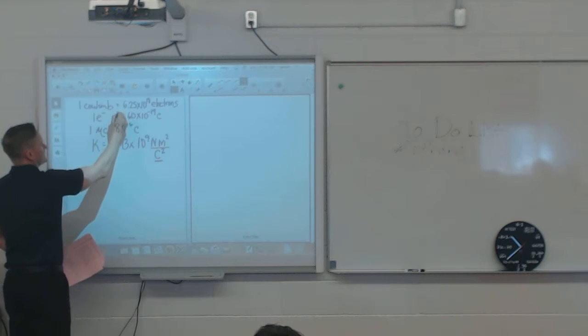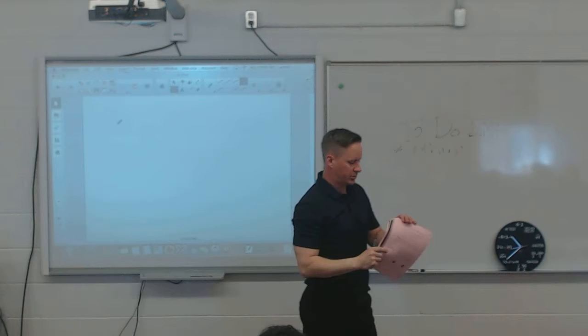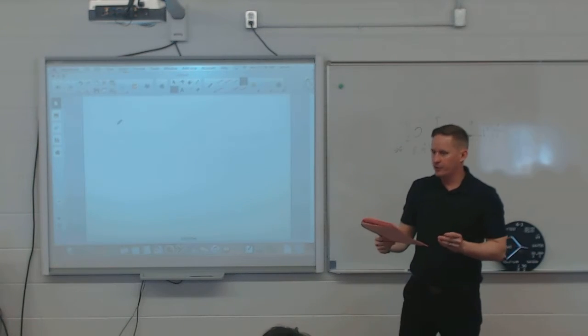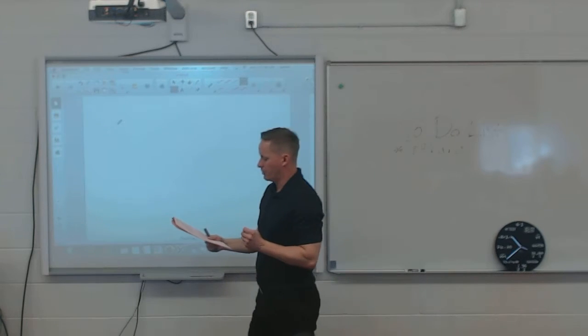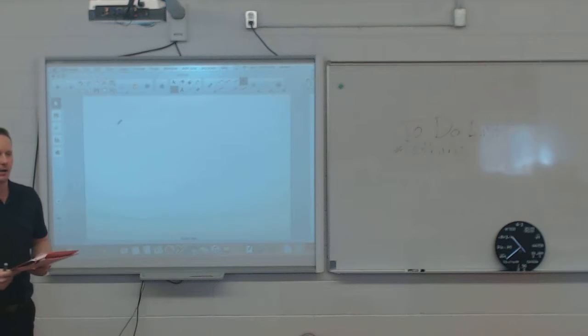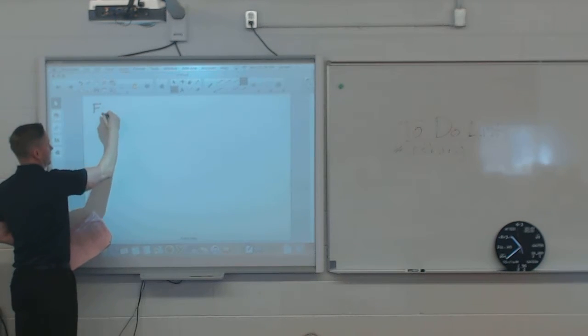Alright? So let's look at a quick example question. This is on page 389. Find the force between charges, 100 microcoulombs and negative 50 microcoulombs, located 50 centimeters apart in the air. Alright. So again, I'm looking for force.